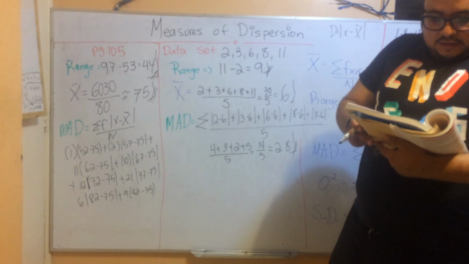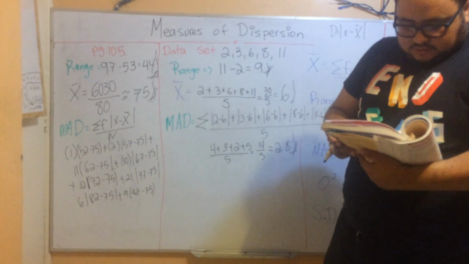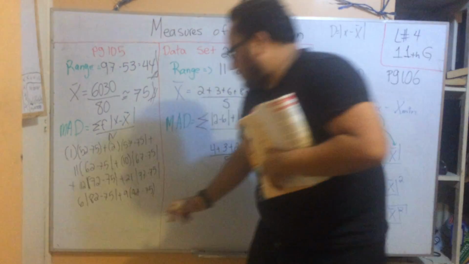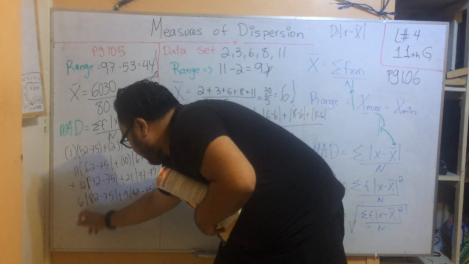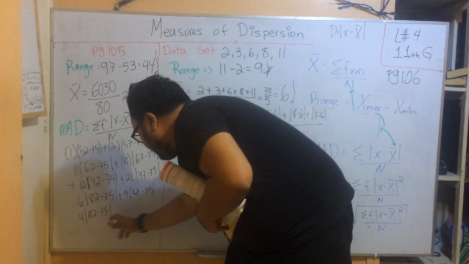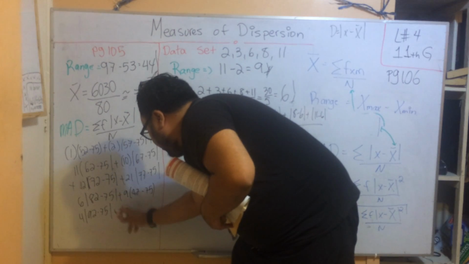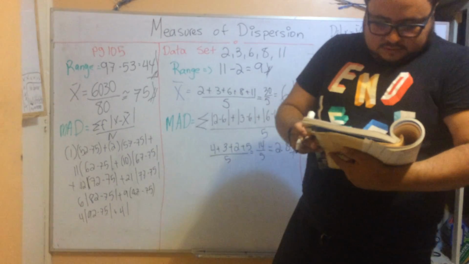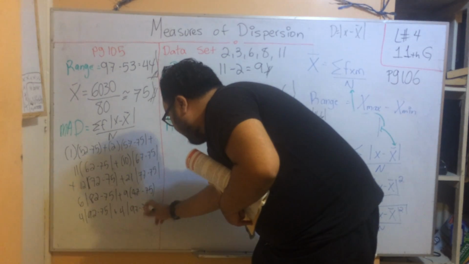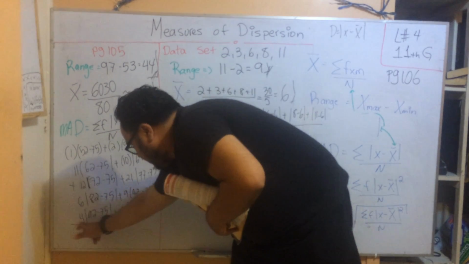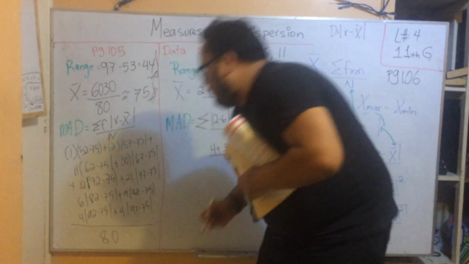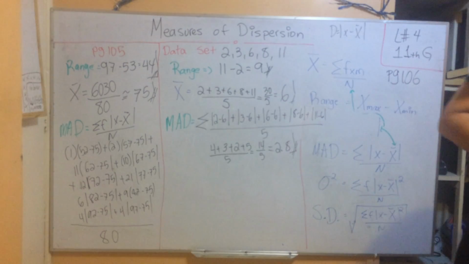And 4 times 92 minus 75. And then we have that 4 again is 97 minus 75. And all of this divided by 80. I know it's a mess because of the space.